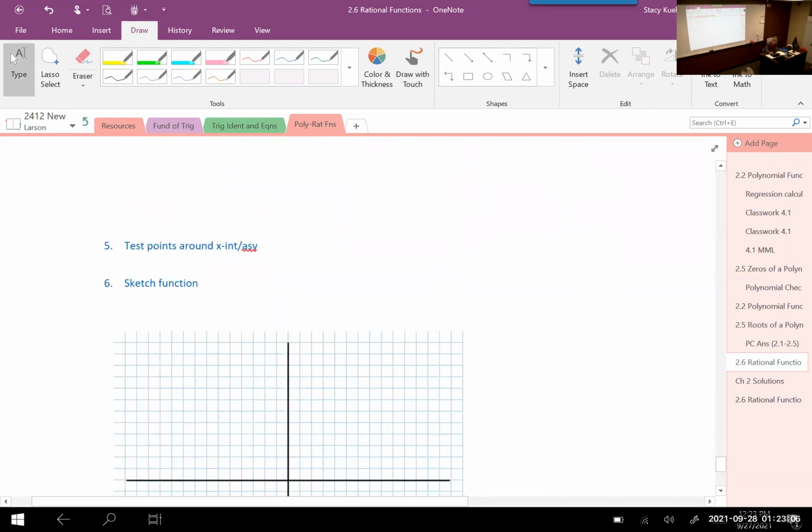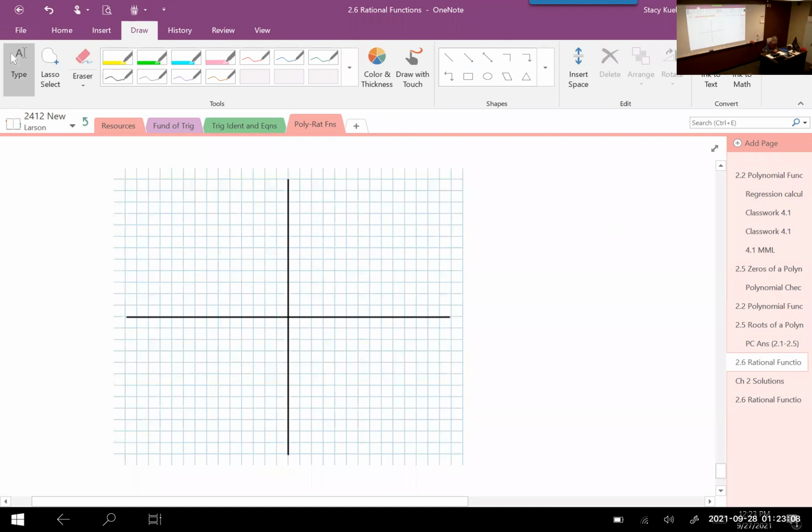So let's see about sketching the graph for this. We have an asymptote at x is equal to 1. We have a slant asymptote at y is equal to x. What's the slope on that?